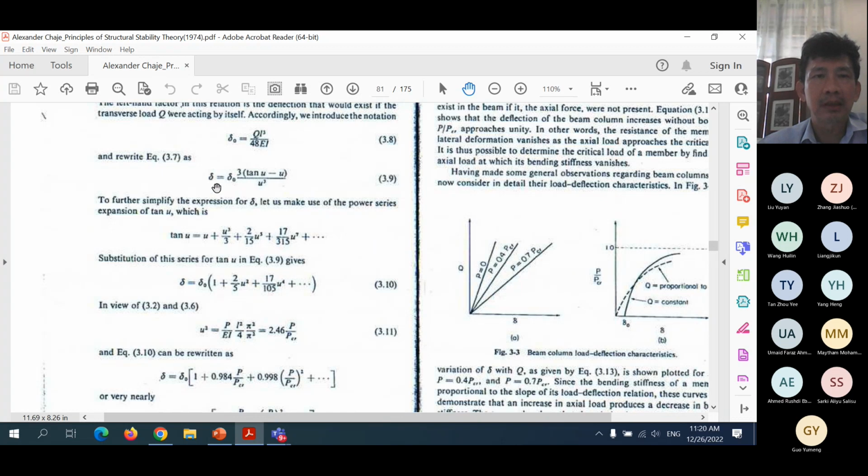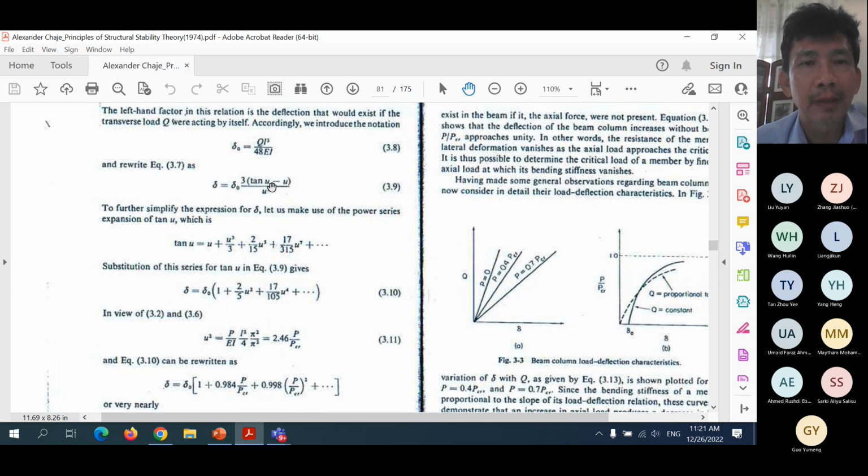So now you can see delta, the effect of having axial loads, the behavior of this beam column by looking at what happened to the maximum deflection, is represented by these equations. Now we have 3 (tangent U minus U) over U cubed.